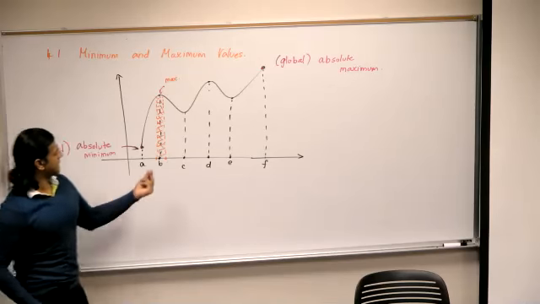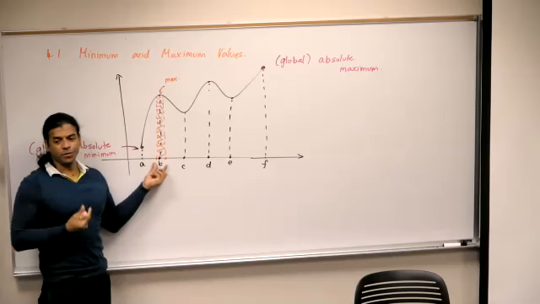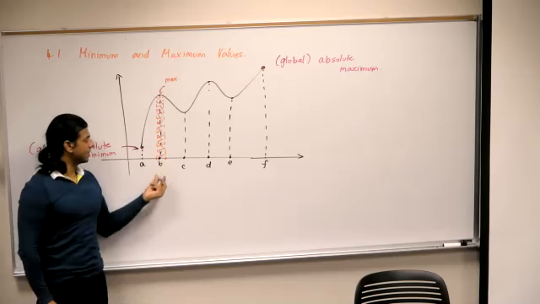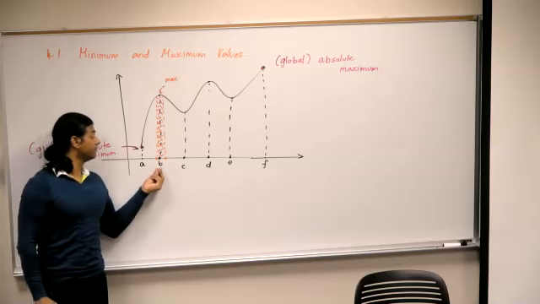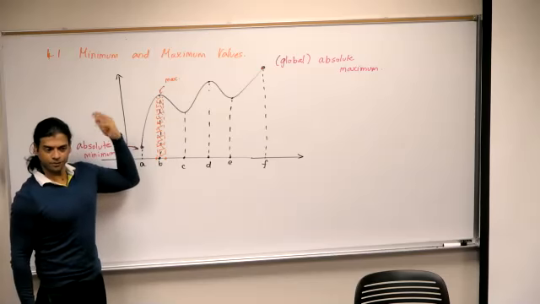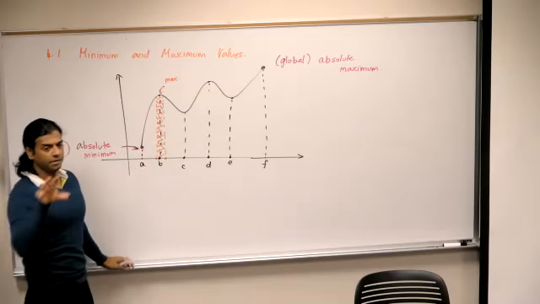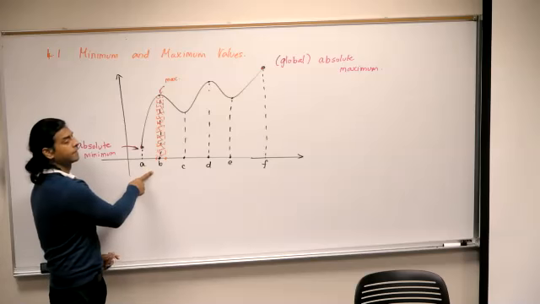No, this is different. That is a small interval, and on that small interval, around the value B, that is the maximum that you see. So this maximum is local to that point.